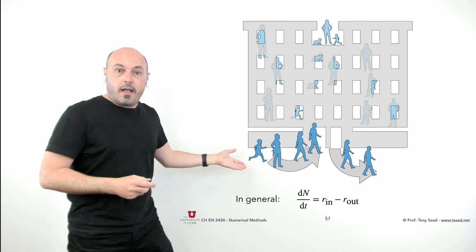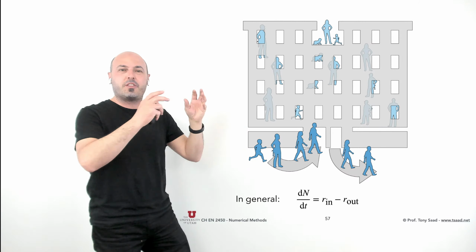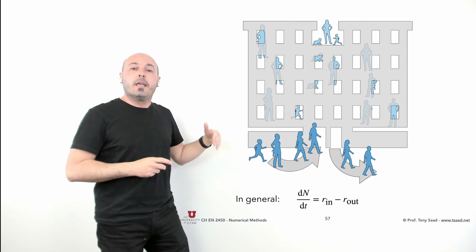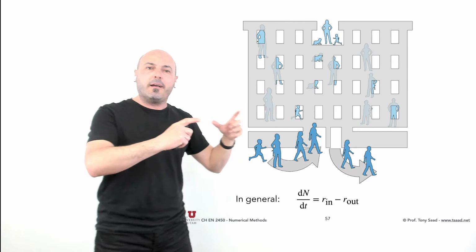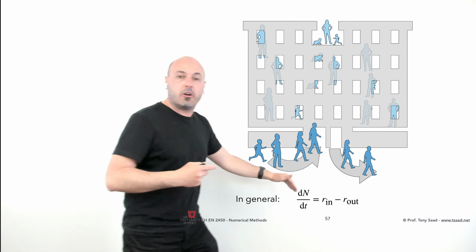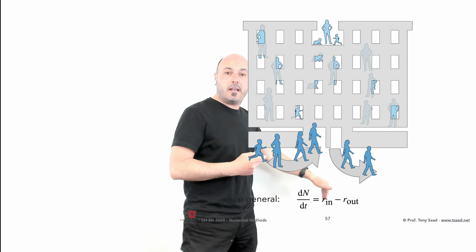The population of hydrogen and the population of oxygen are combining and producing H2O. The population of H2O is increasing. So in general, for any population, any compartment, or any isolated thing that has in and out, you can write the rate of change as something that's coming in minus something that's leaving.